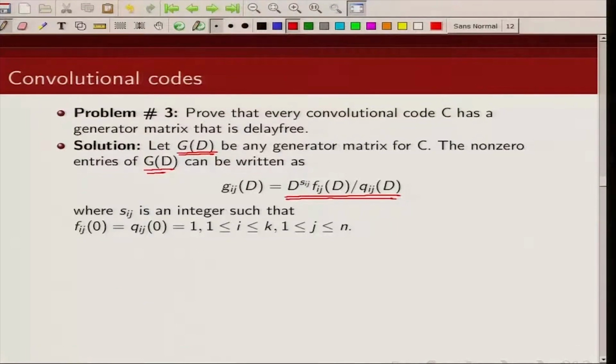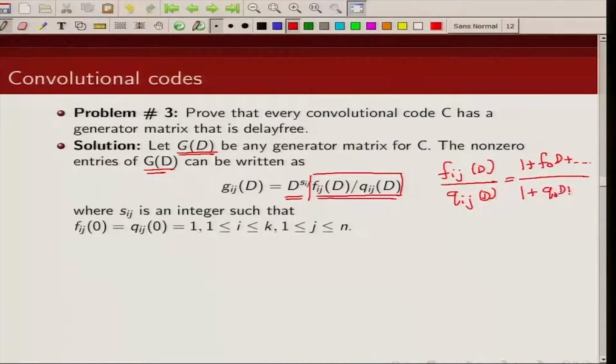There is some delay term, D raised to the power s_ij, and then we have this rational function f_ij(D) by q_ij(D), where f_ij(D) and q_ij(D) are of the form 1 plus f_0 D plus something, and 1 plus q_0 D plus something. So f_0 and q_ij,0 are 1. Any entry in the generator matrix can be written in this form.